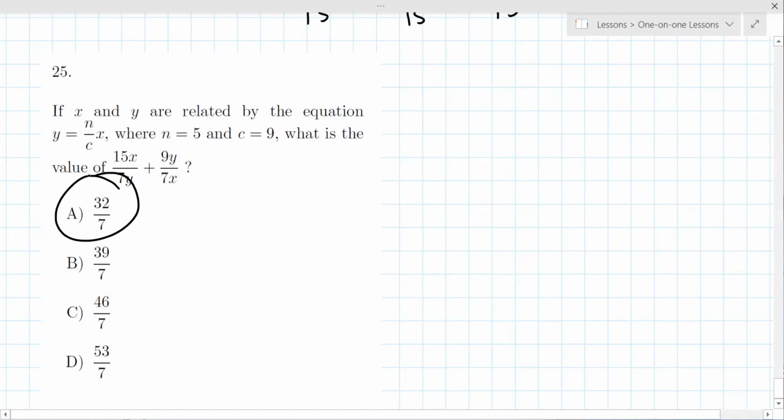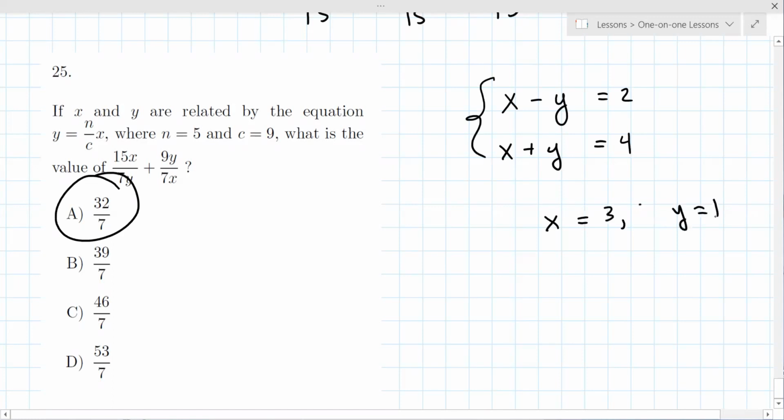So this particular skill of conversion, like I mentioned before, let's just say I give you a problem: x minus y equals 2, x plus y equals 4. If you were to solve this system, you would find that x equals 3 and y equals 1. But the answer would never be this simple.